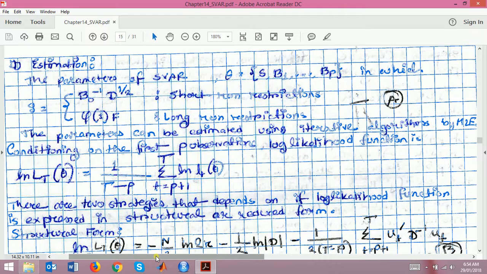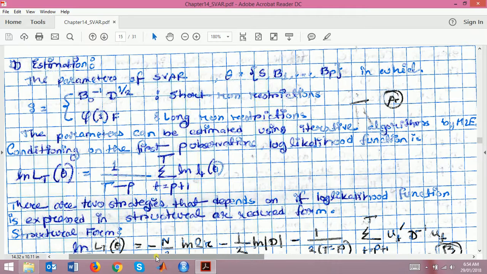If you have S, just like before, if you go back to when we discussed our VAR structure with S, it's the same equation, 1 by T minus s, and t equals s plus 1, where s is equal to the maximum of p and q.